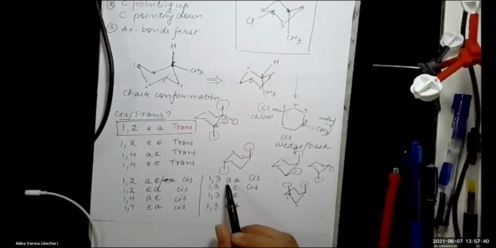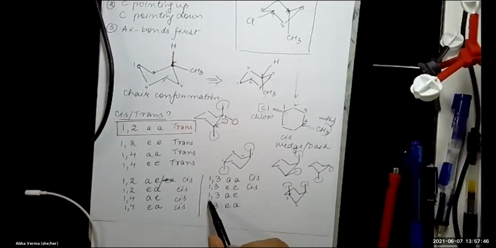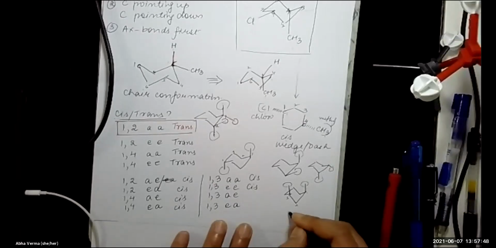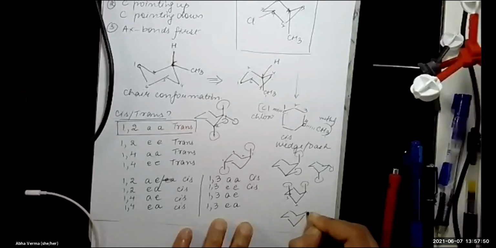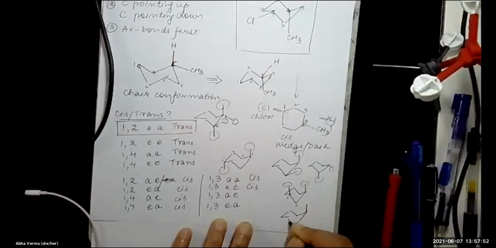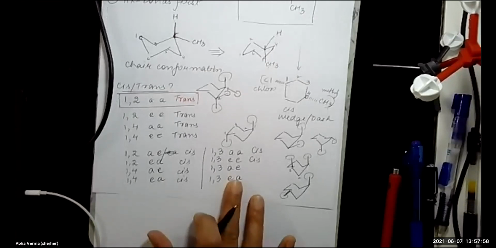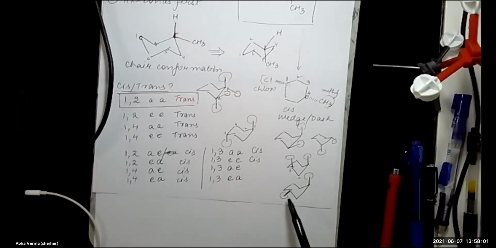So 1, 3 axial is cis. 1, 3 equatorial is cis. What would happen if I have a 1, 3 axial equatorial? What would happen now? Are they facing the same direction or opposite directions? Opposite. Opposite, very good.